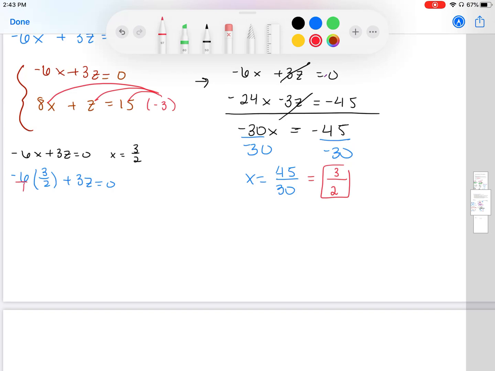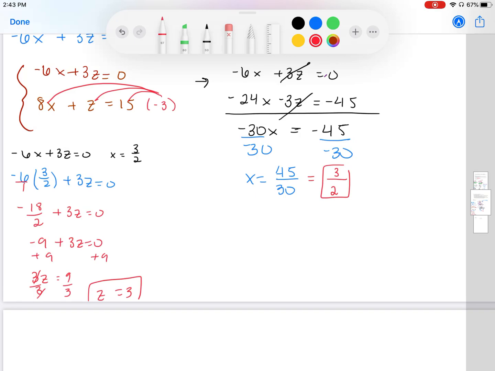Negative 6 times 3 is negative 18, divided by 2 is negative 9. So I have negative 9 plus 3z is equal to 0. Plus 9, plus 9, 3z is equal to 9. Divided by 3, divided by 3, z is equal to 3.